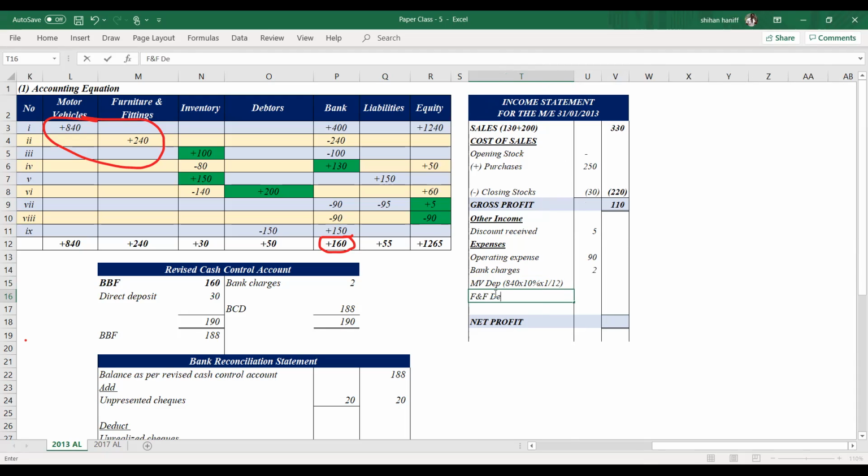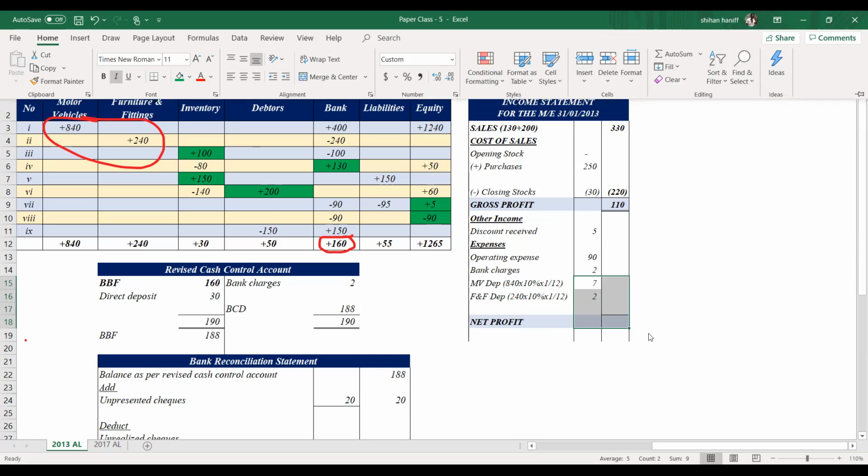Furniture and fittings depreciation 240 into 10% into 1/12. 7,000 and 2,000.